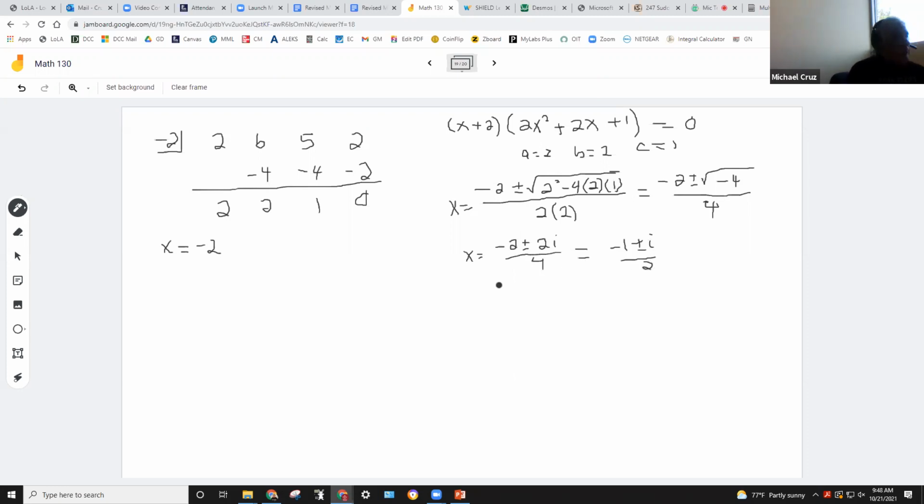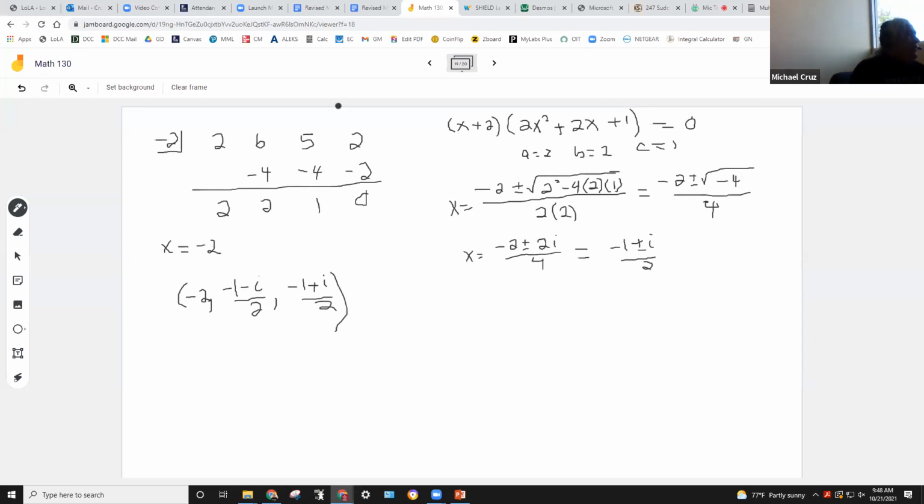So then the solutions are -2, negative 1 minus i over 2, and negative 1 plus i over 2. So there's your three solutions.